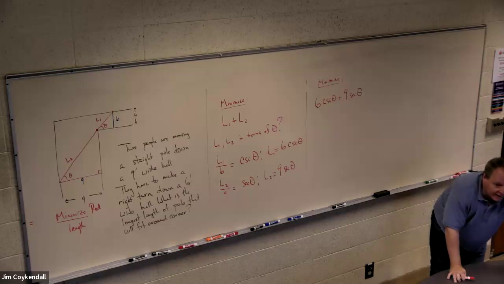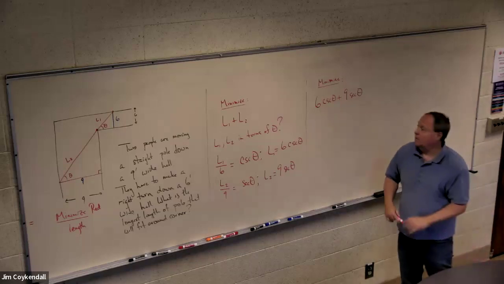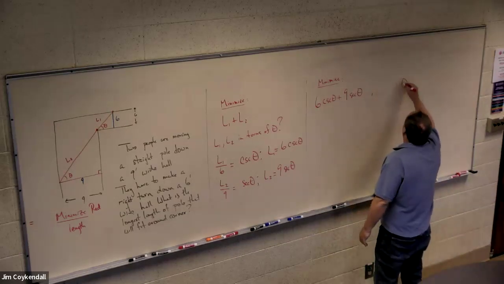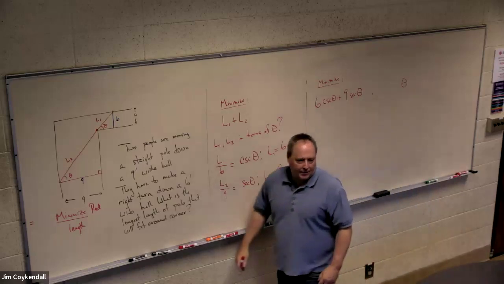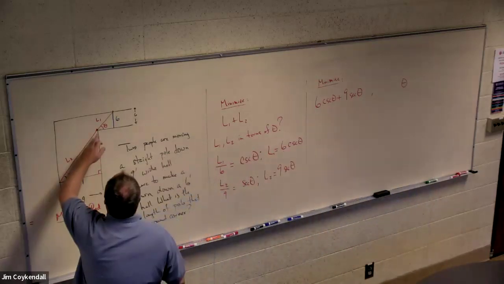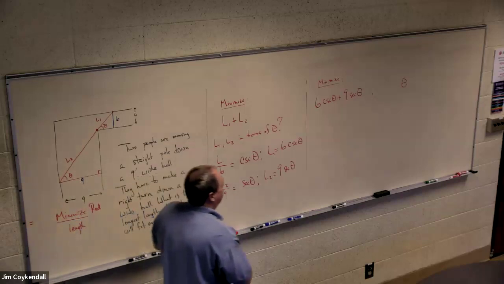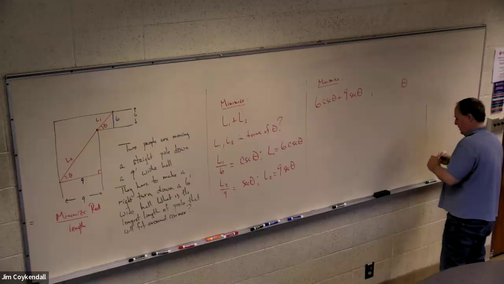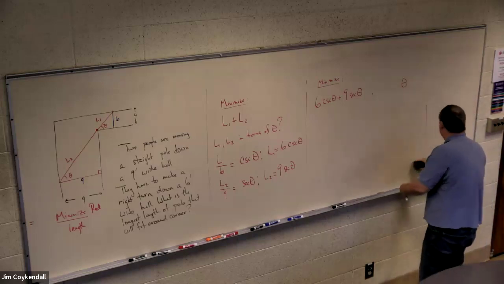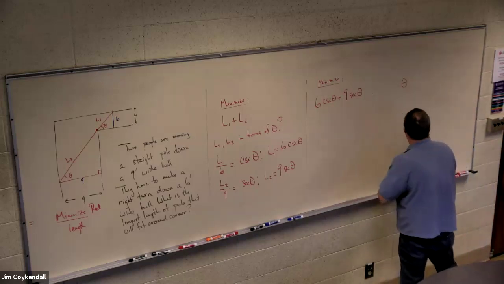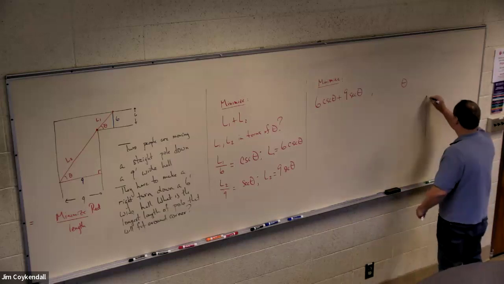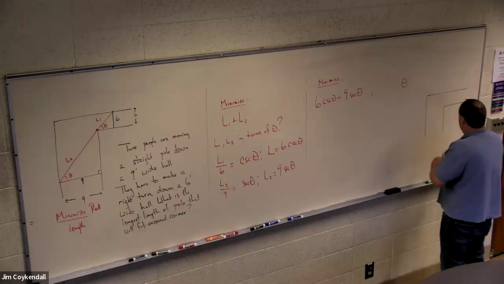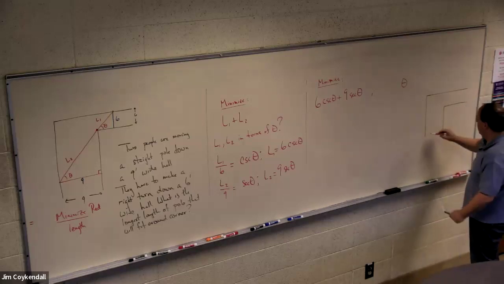Good. We need to find out what is our playground for theta, right? Well, remember what this represents. Think about it this way: 6, 9. There are lots of ways you can get around the corner.